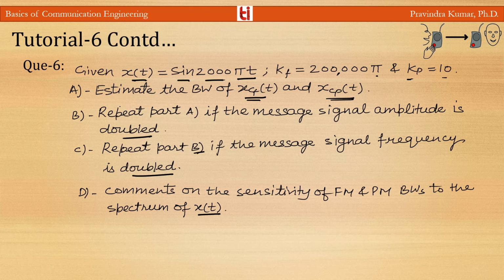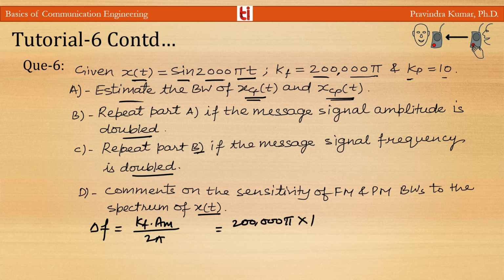So for the first part, estimate the bandwidth of xc_f(t) and xc_p(t). The frequency deviation delta F is kf into Am by 2 pi. Here kf is 200,000 pi, and Am is 1 for the signal x(t) equal to Am sin 2 pi fm t, divided by 2 pi, so it will be equal to 100 kilohertz.